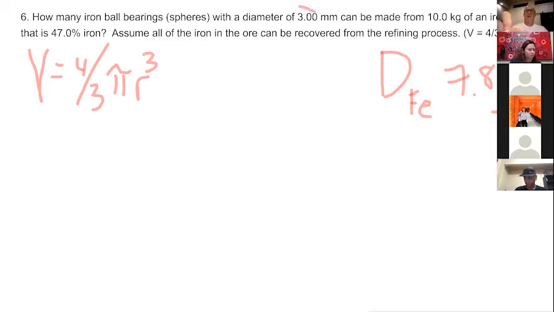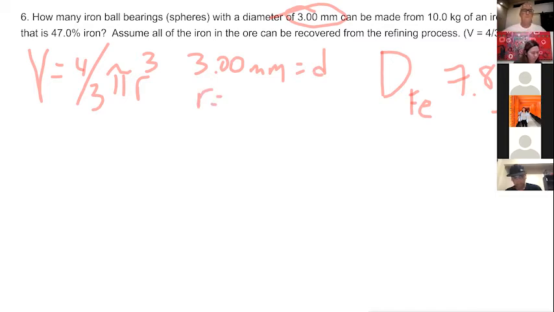The diameter is 3.00 millimeters. So what's our radius going to be? 1.50 millimeters. That's right. It's going to be half. Radius is always half of the diameter.